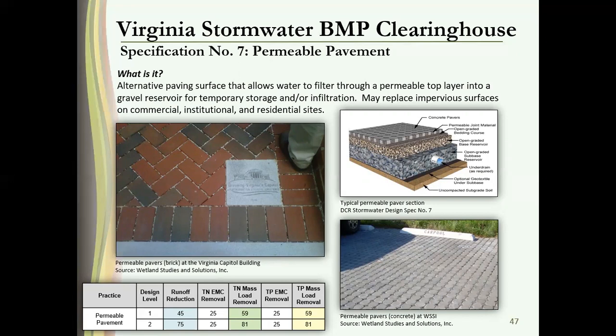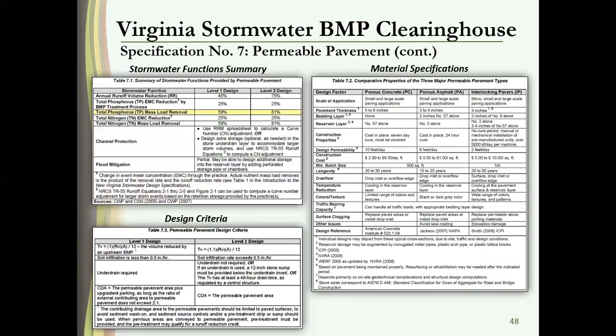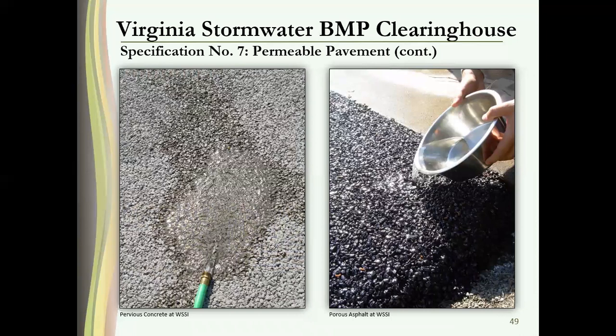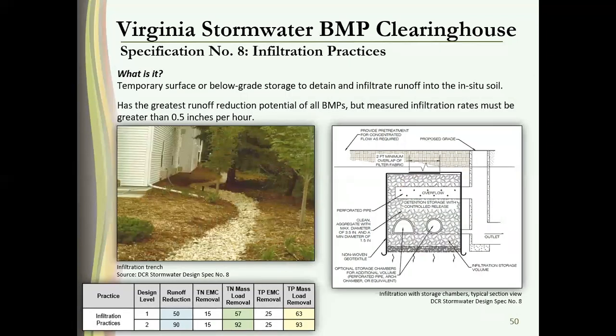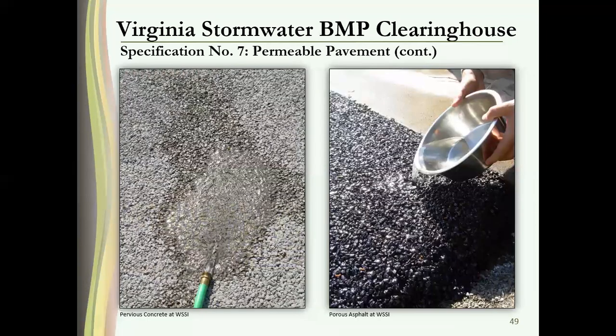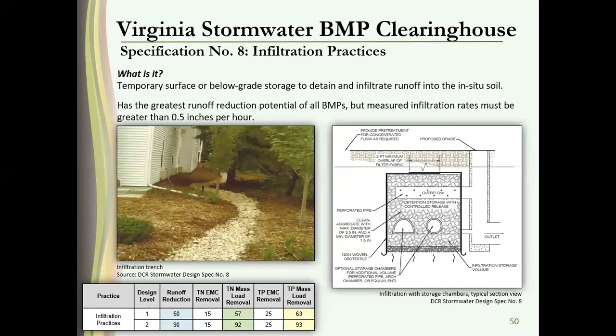This is a huge booming field. And depending on what kind of pervious pavement you put in, you can get different levels of treatment and really wide ranges of cost. We'll do that later. I'm actually going to do this in front of you and pour water on our pavement.